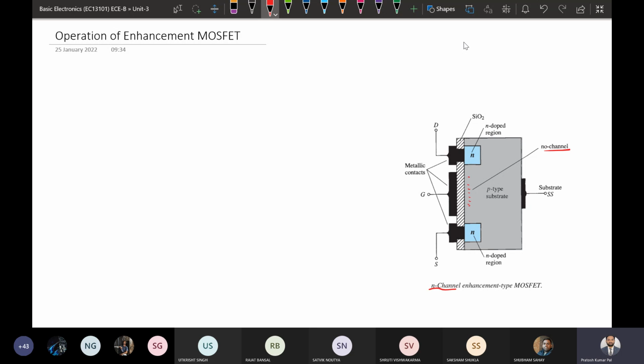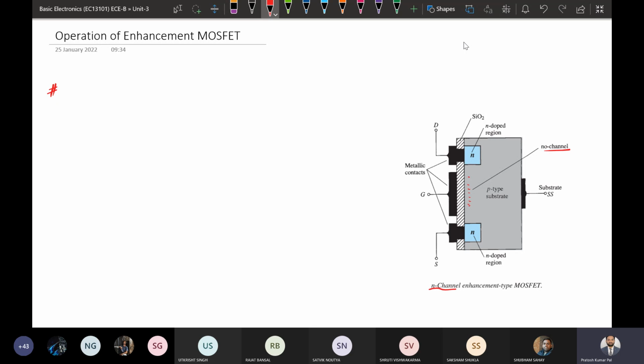Next, to start with the operation, we will consider what is the difference basically. In terms of depletion and enhancement type MOSFETs, the difference is there is no channel in enhancement. So we need to create a channel to have some conduction between drain and source.